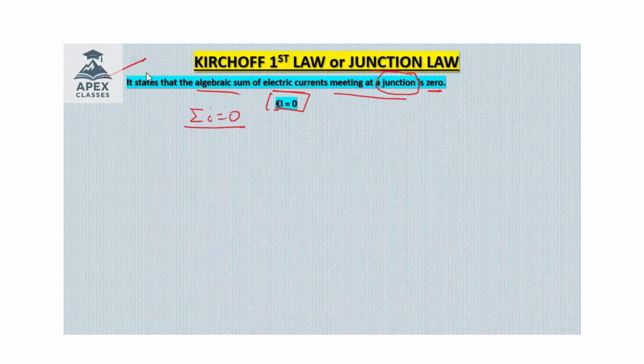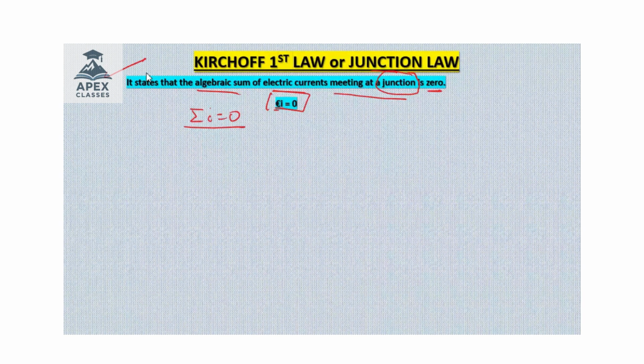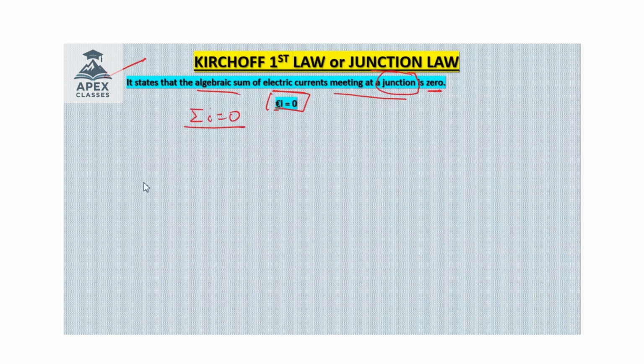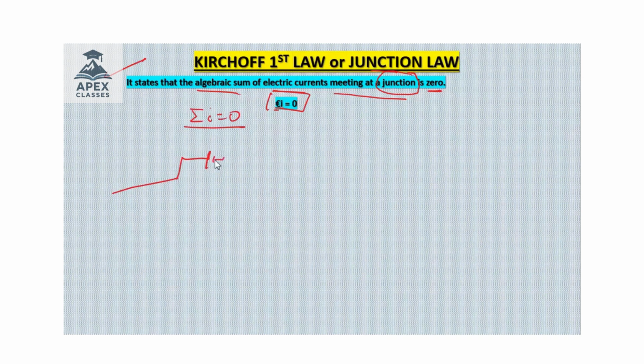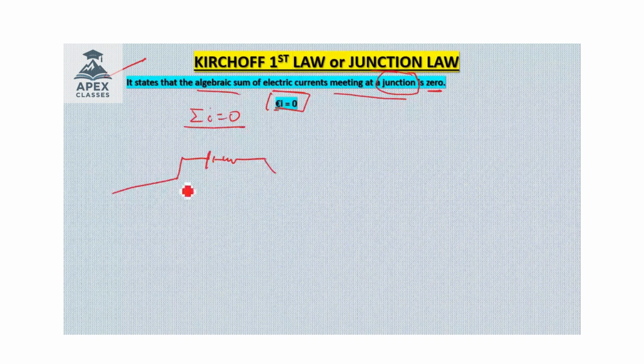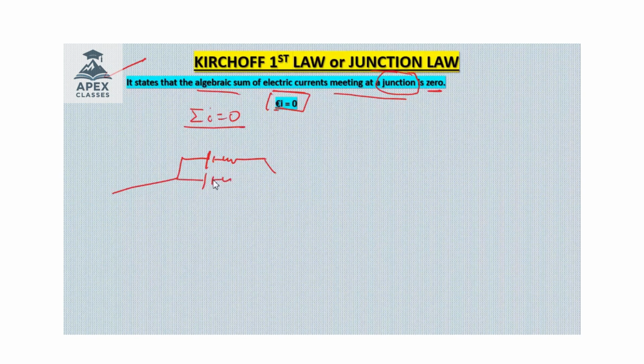Now this is a thing to be memorised, okay, but what it actually means, see, it actually means that suppose this is a junction. Let me draw a circuit for you so that it gets very clear to you all. Let's say this is a circuit, we will be solving sums later in this video.